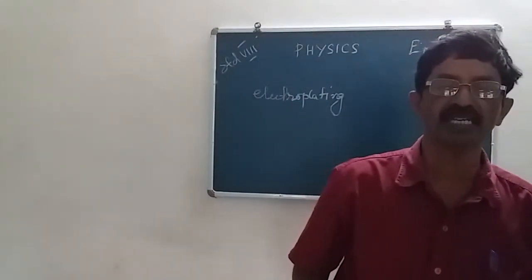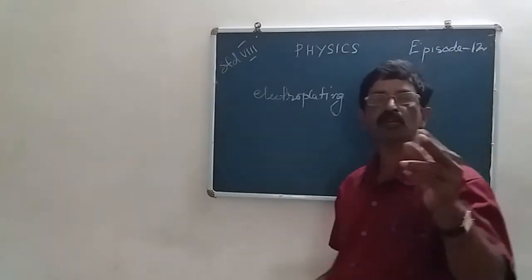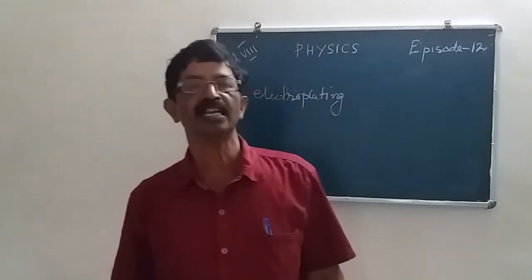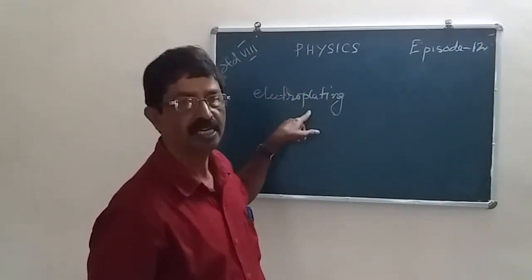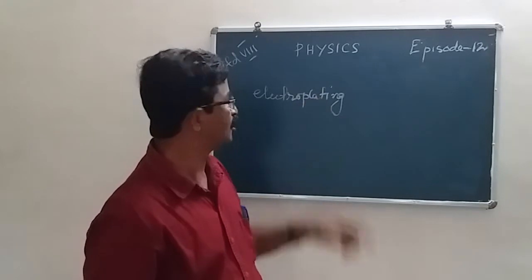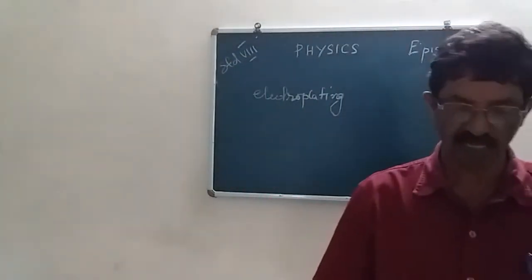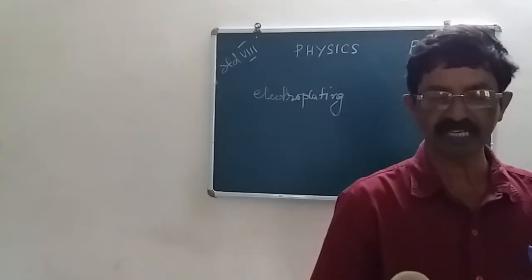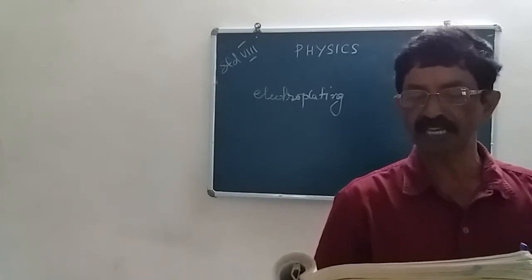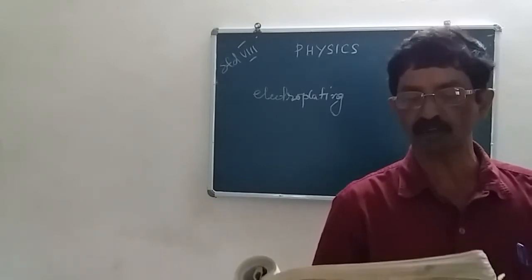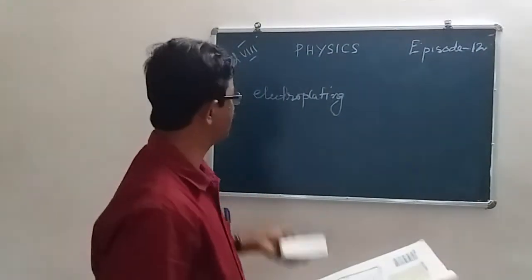What is termed electroplating? Suppose gold is deposited on some other less valuable metals to get the appearance of gold. That process is called electroplating. Once again, the process of depositing a layer of any desired metal on another metal by means of electricity is called electroplating.